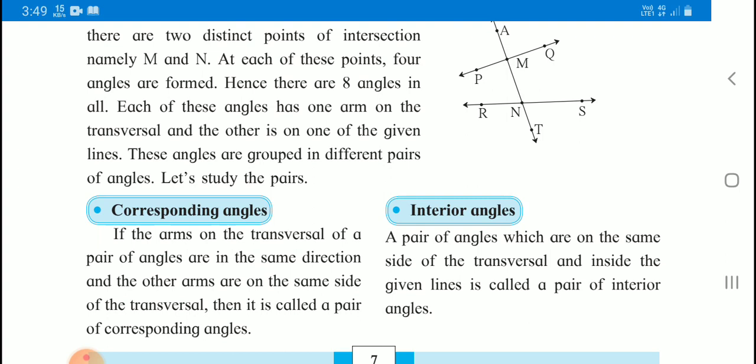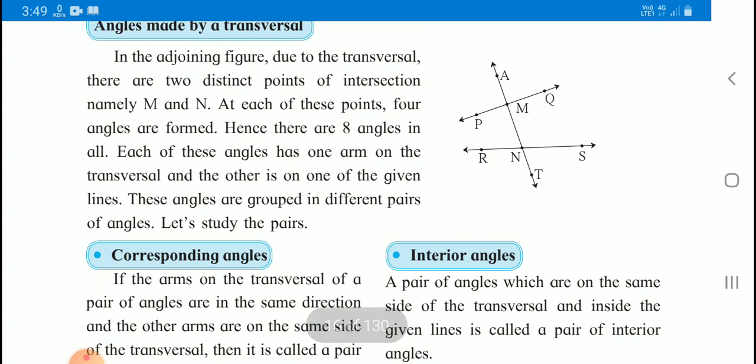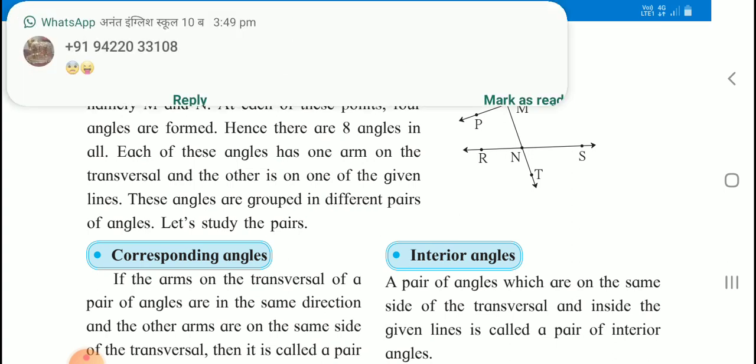Here we got a total of 8 angles near the 2 points M and N, which are formed by the transversal AT. So let us study the pairs of these angles.